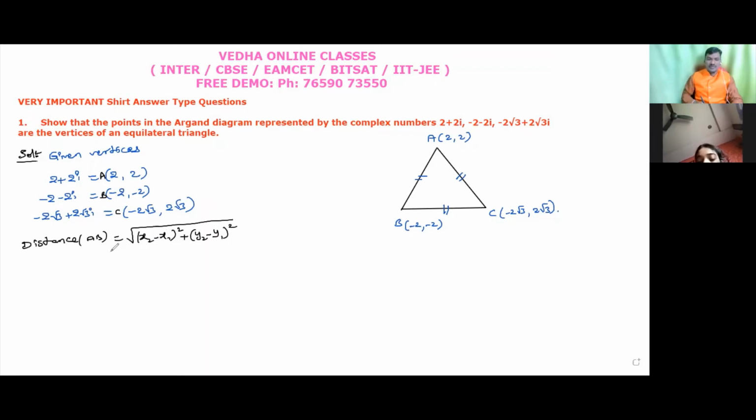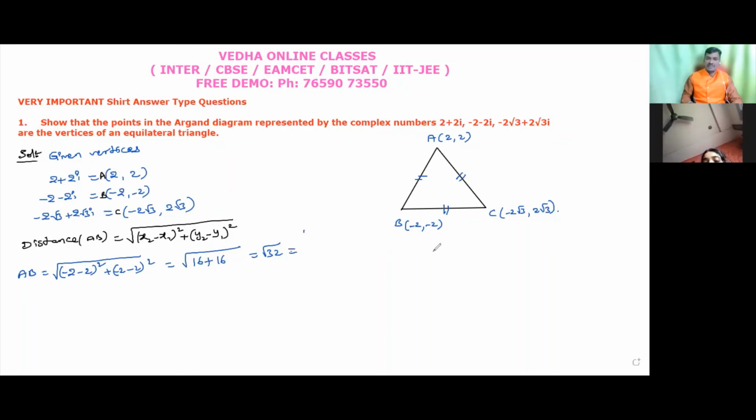Now apply the formula for A and B. The distance AB is the square root of (2 minus of minus 2) whole square plus (2 minus of minus 2) whole square. Either x2 minus x1 or x1 minus x2 is fine. So this is 4 whole square, 16, plus 16, which is 32. Root 32, so either you can simplify more or keep it like that.